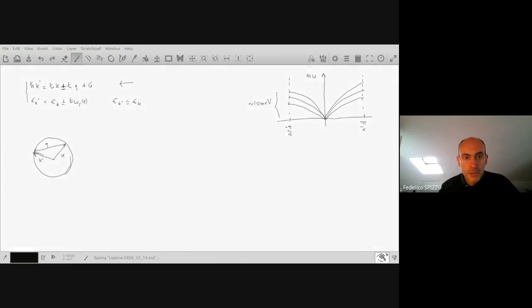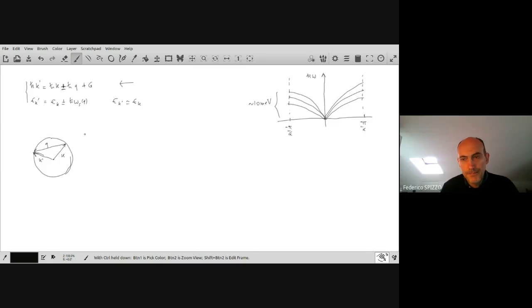As we have done for the evaluation of the specific heat, in particular in the low temperature and high temperature regimes, I will use exactly the same approach now. So I will try to see what happens in the high temperature regime.